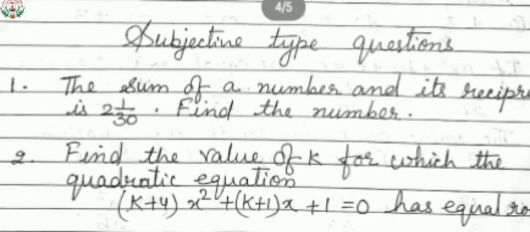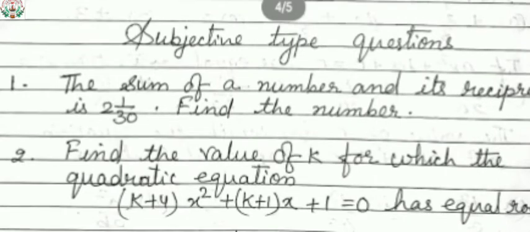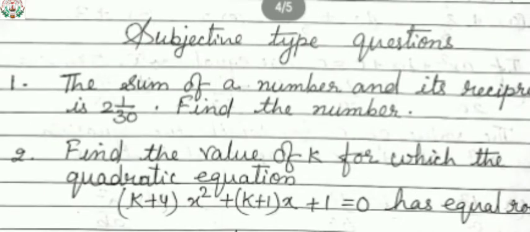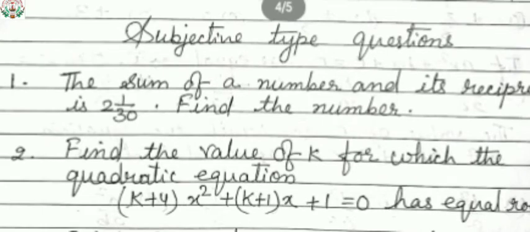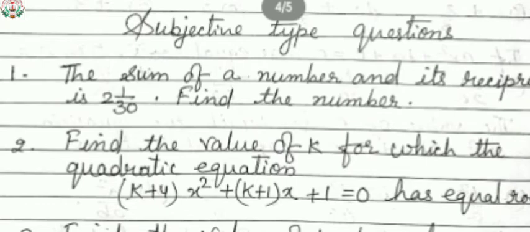The sum of the number and its reciprocal means x plus 1 upon x equals 2 1 upon 30. Then simplify that equation. Convert the mixed fractions into improper fractions, then cross multiply and get the value of x.